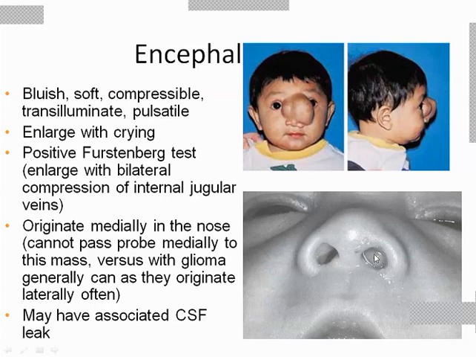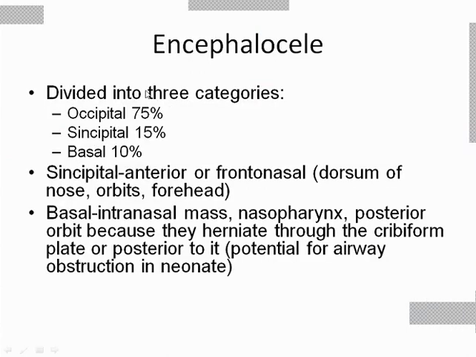So encephaloceles can be divided into three types depending upon their site of origin. It can be occipital, that means the back of the head, the most common type, usually 75%.